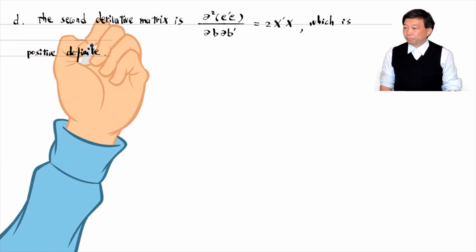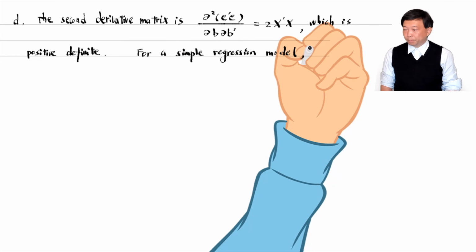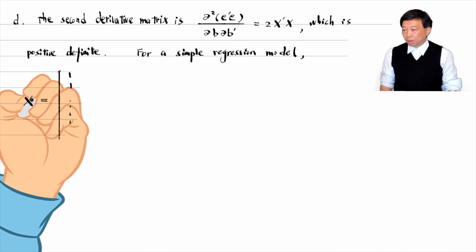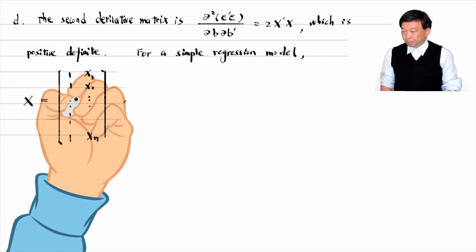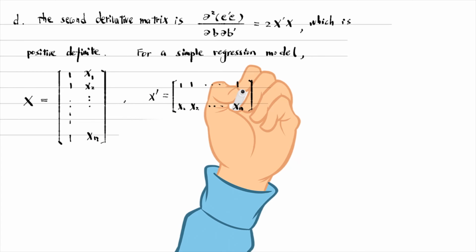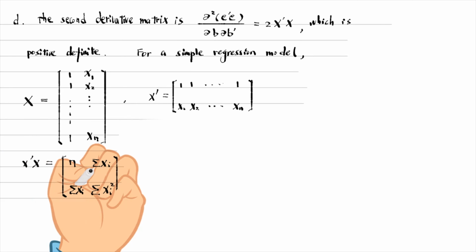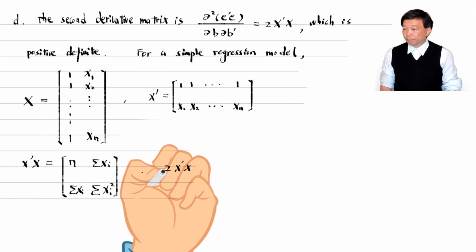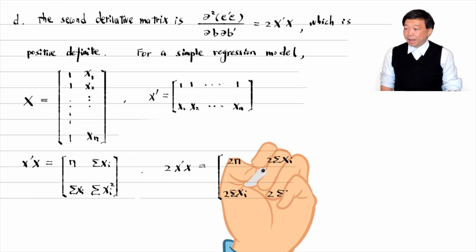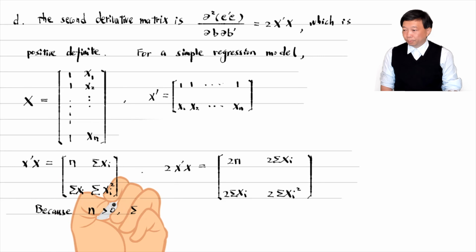The second derivative matrix equals 2 times X prime times X. For a simple regression model with one explanatory variable, we can write out the elements of the explanatory variable matrix X, and find that the two diagonal elements of the matrix are both positive.